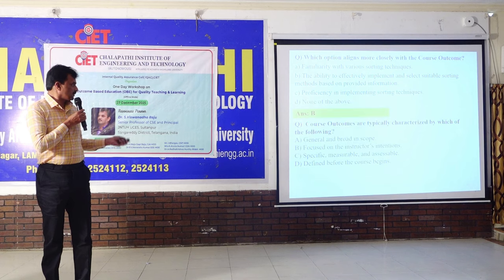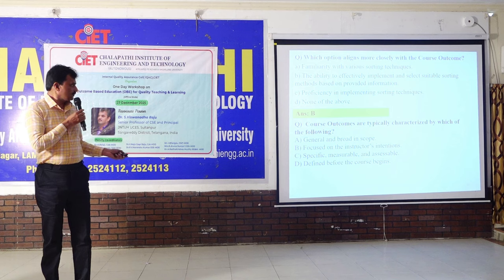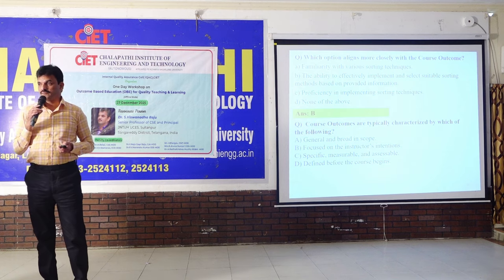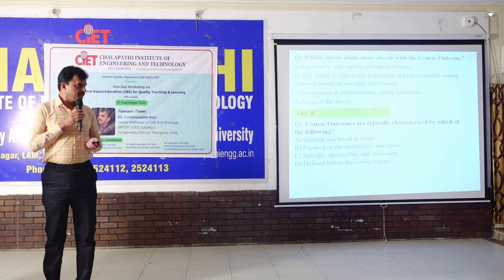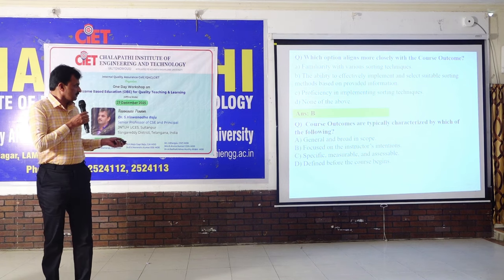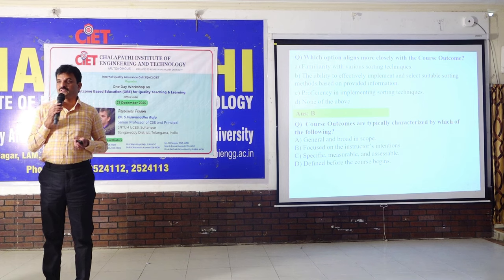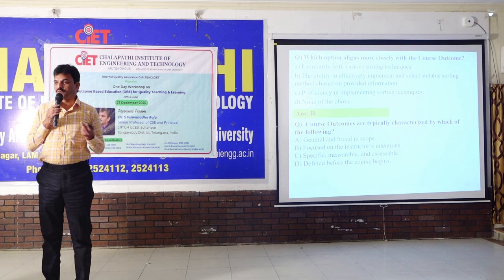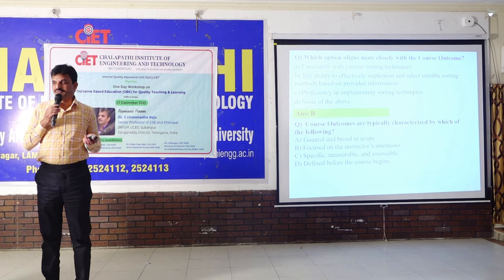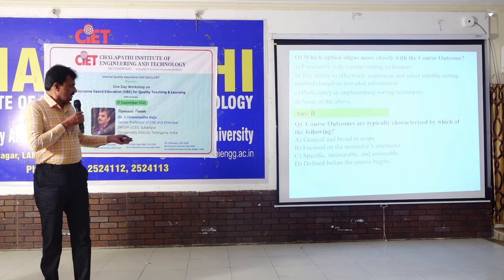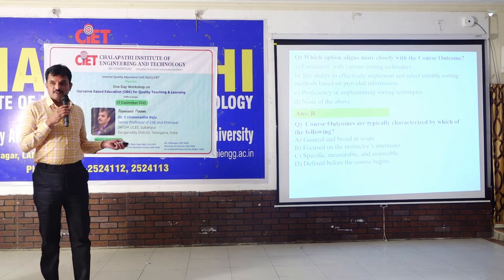Okay, first one is repeating. Next one. Which is the right answer? Course outcome is: are you preparing the curry more specific or maybe a broader curry for everyone? Specifically to the set of category people only, no? So which is the right answer? C. Specific, measurable, accessible.